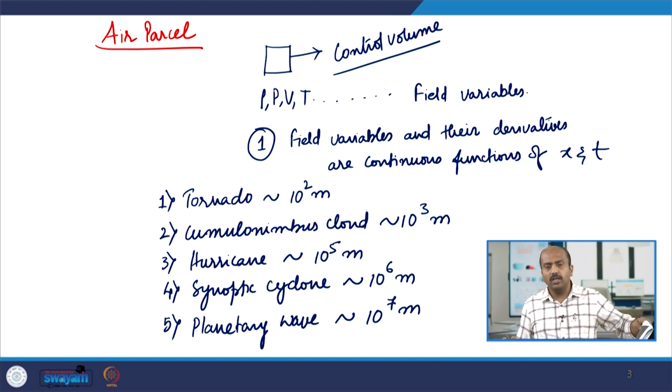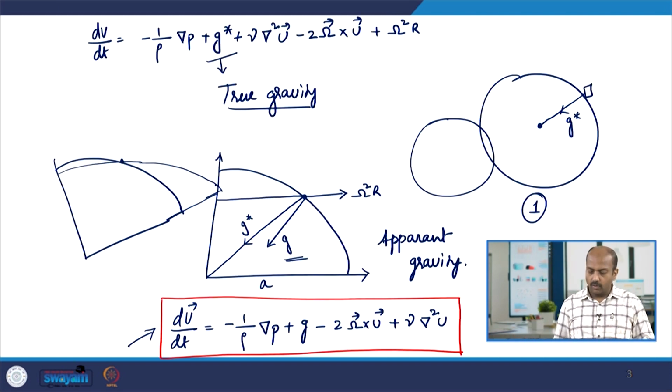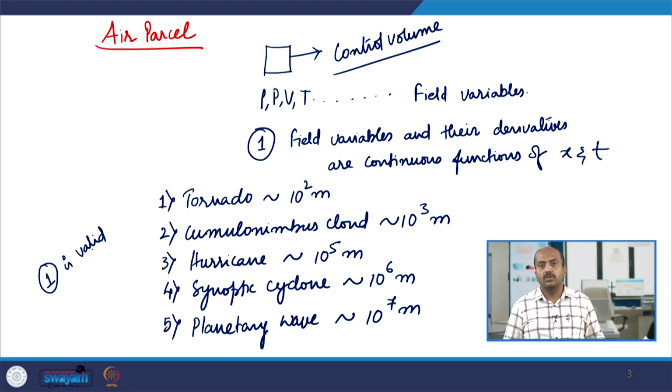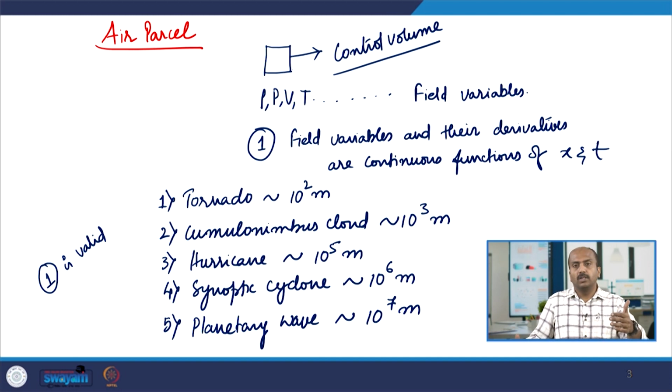So, what I mean to say is, if I call this equation number 1, the momentum equation, then number 1 should be able to explain all of these phenomena, not just one. Which terms become important or relevant is going to be a very lengthy discussion, which we will of course discuss in subsequent classes.